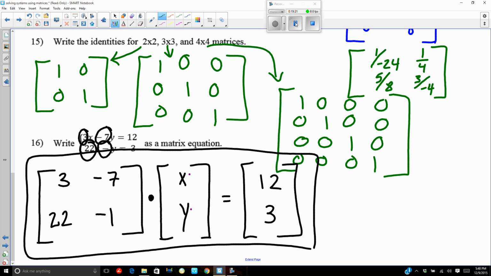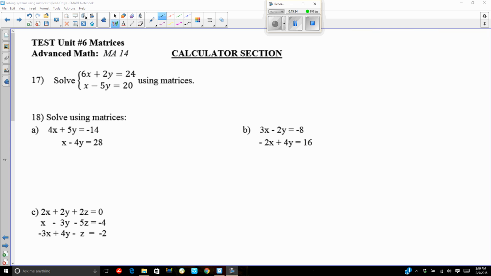All right, moving on. So now here proceeds the calculator portion of the test. So you can use calculators here. I'm not going to go through all the work here, so I think you guys have this down. If you've got calculator questions you need to ask, I can't help on test day if you don't know what button to press in the calculator.